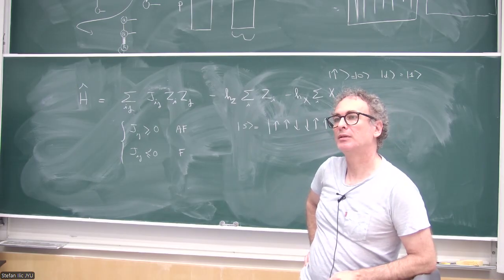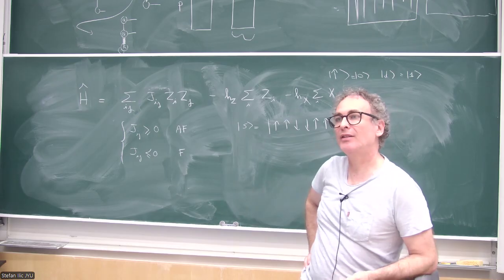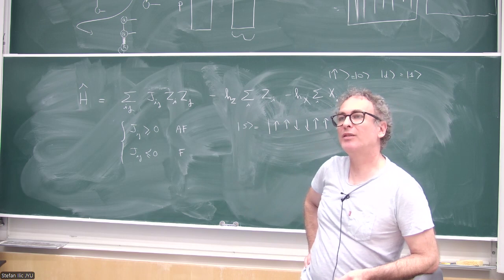Any infinitely small staggering field is going to break it, as in the classical case. You're correct mathematically, but physically you're wrong. You see what I mean? Physically, there is a single ground state.